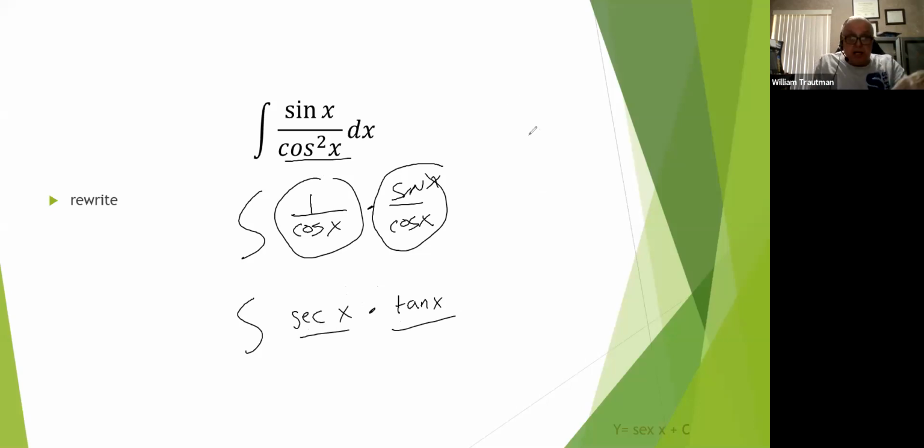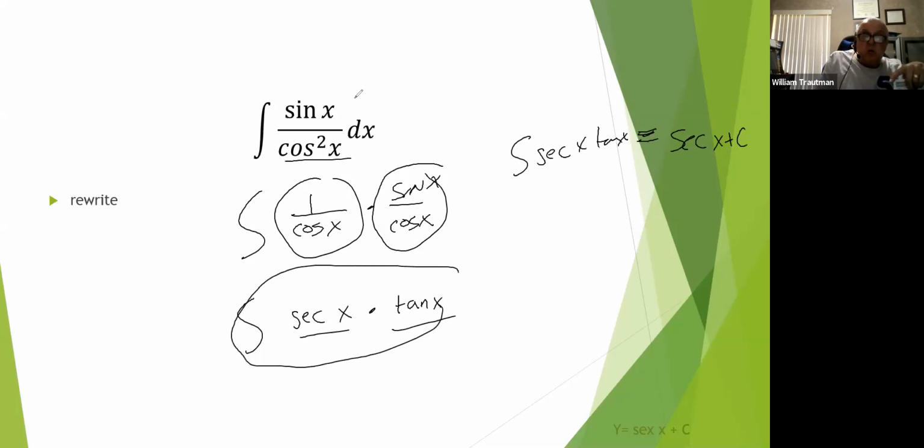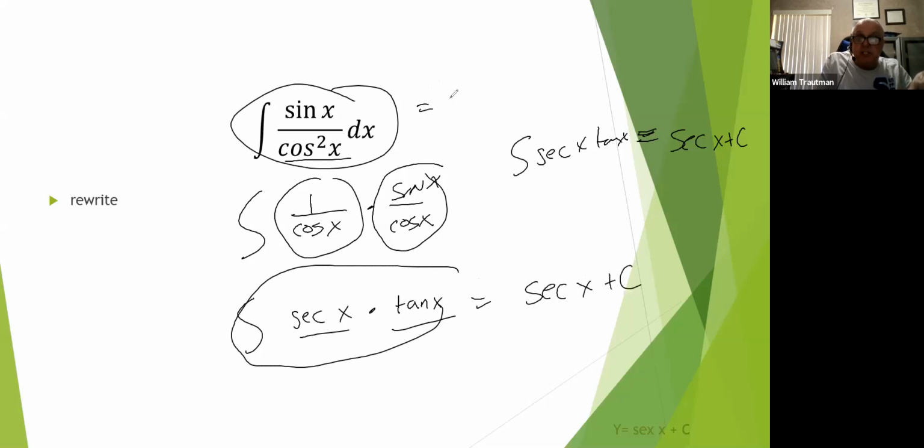So on my integration formula sheet, it says integrate secant x, tangent x, and that just changes when you integrate it. It just changes to secant x plus c. So this or this changes to just secant x plus c. The answer to this is secant x plus c.